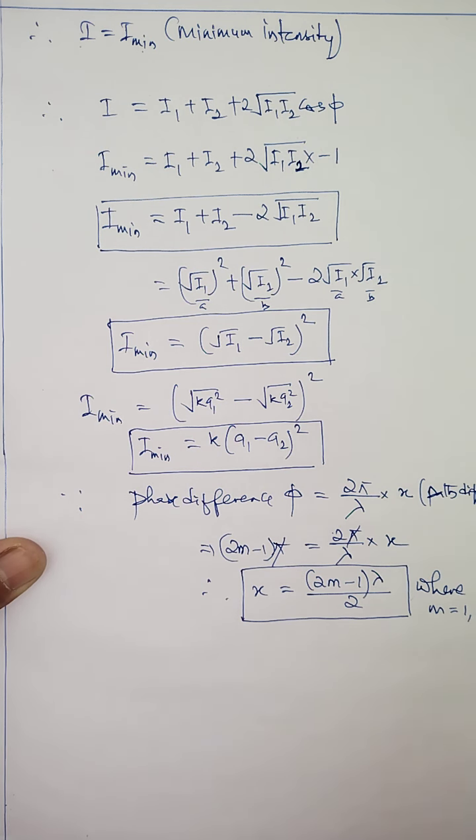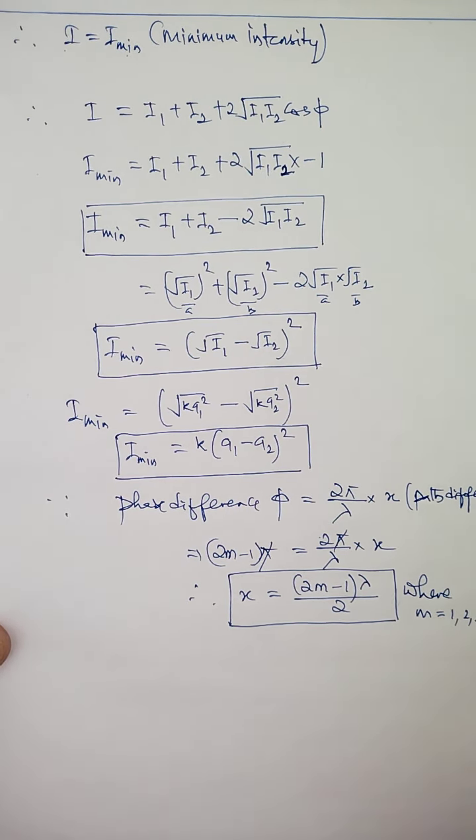So children, remember this: to get constructive interference, that is maximum intensity, and to get destructive interference, that is minimum intensity, there must be a particular phase difference and path difference. Cos of phi becomes plus 1 for constructive interference, and cos of phi becomes minus 1 for destructive interference.